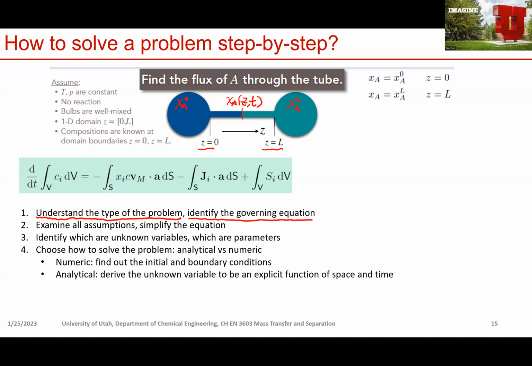Bearing that in mind, we know the equation we can go to is the mole balance equation, because that tells us how to model the mole fraction change in a control volume. The accumulation of species A is equal to the summation of convective flux plus diffusive flux plus reaction.